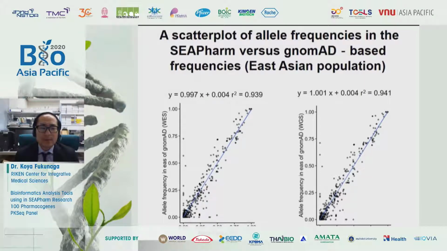To compare the frequency, I used the allele frequency of the East Asian population in gnomAD. R square of allele frequency between PKSeq and gnomAD showed high values like this. Therefore, SEAPharm data suggested a high accuracy.